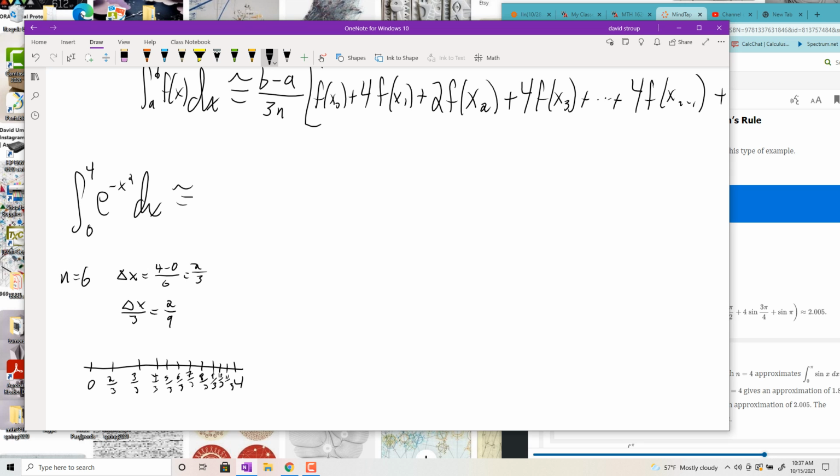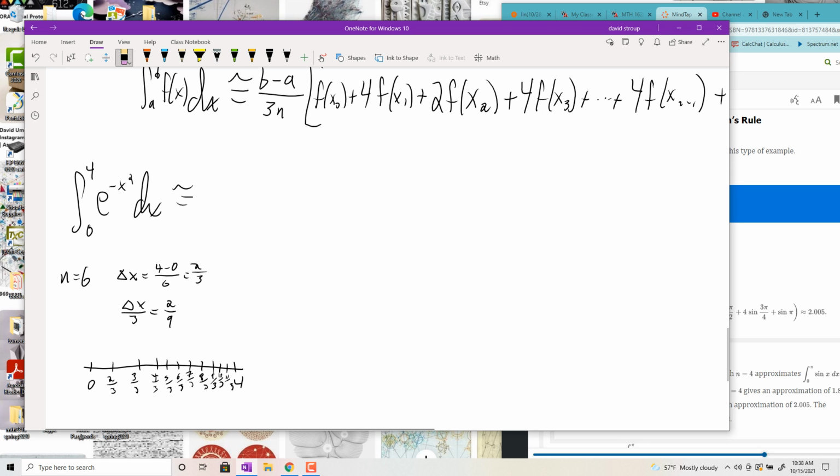It's not 6. 4 minus 0 all over n. 1, 2, 3, 4, 5, 6, 7, 8, 9, 10, 11. Let's see, 11 sections. The number of rectangles should be 6. What the heck did I do wrong?